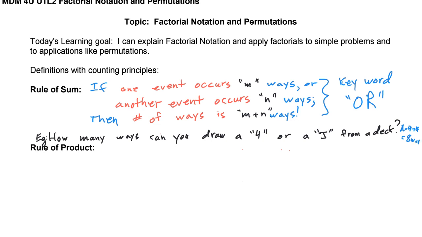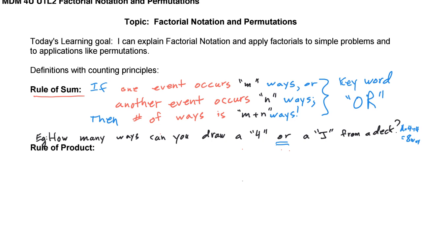Because there are also 4 jacks, and because I'm saying an or here, we don't look at them as events that occur simultaneously. Either this can happen or this can happen. So both of them have to be an additive sum. And that is the concept of the rule of sum.